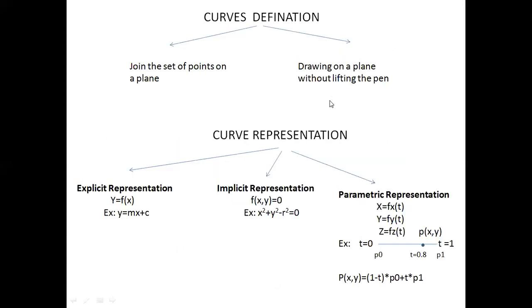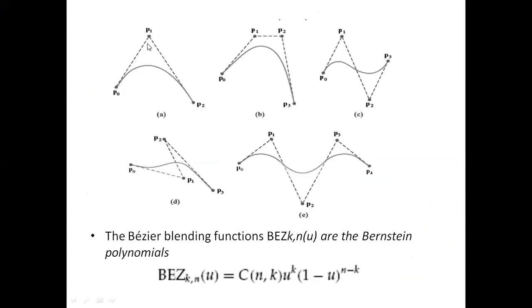What do we mean when we say a curve depends on control points? Control points means points. If I have a number of points on a plane, and the curve completely depends on those points, that means the curve obeys those points.